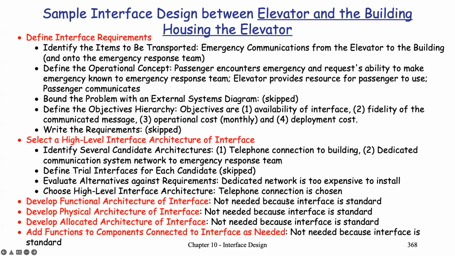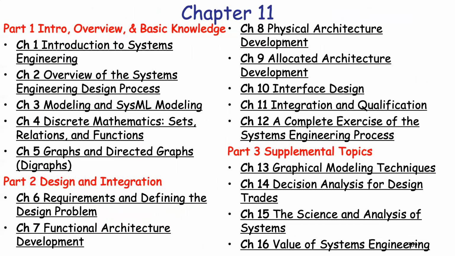What it is saying here is that it's not needed because this interface is standard. If we're using something that is a standard convention, then this simplifies things overall, but you can still check the box that says we did this. And for this last one as well, it has the same caveat that it's not needed because the interface is standard.